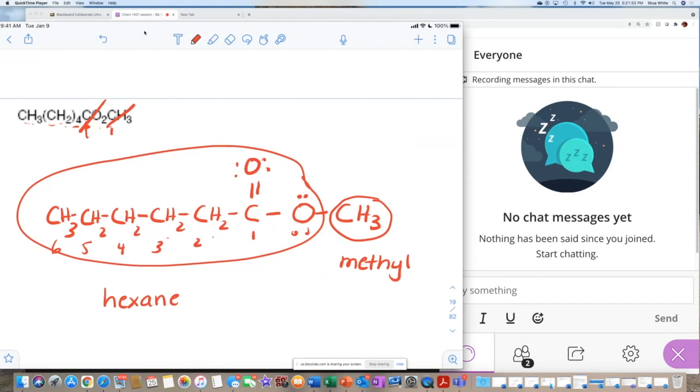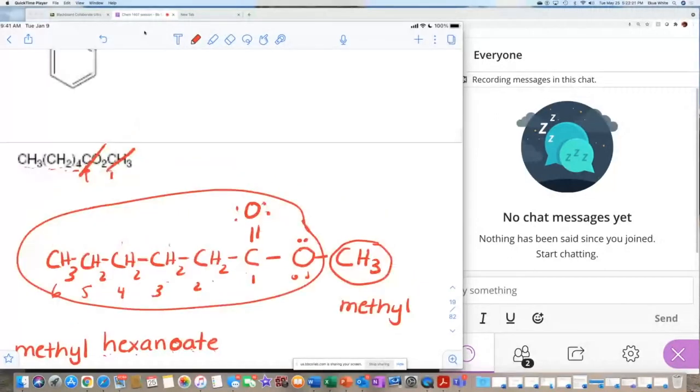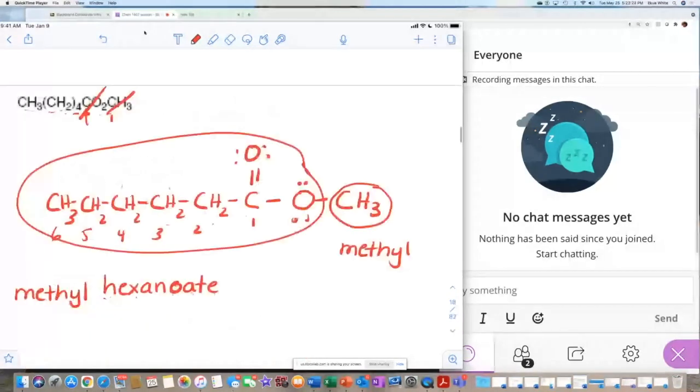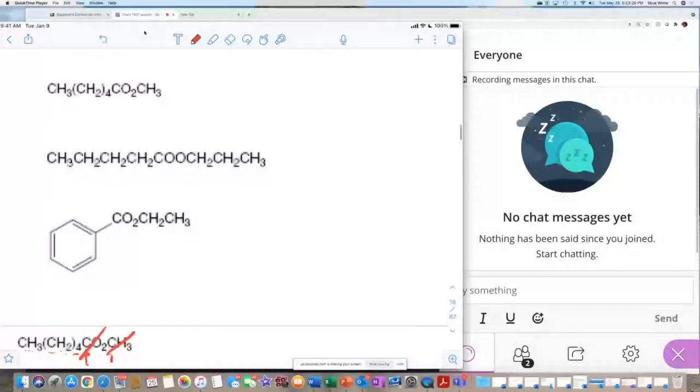If it was an alkane, it would be a hexane, but it's not an alkane, so I have to replace the E with the oate. So in front of this is hexa. I know. You can rewind that until you get it, right? Methyl hexanoate. I'm going to pick ones where y'all don't have side groups over here. This is still, I tell myself, a non-major. These are simple too. I'm like, it's a non-majors class, y'all. Let's keep it simple. Let's keep this friendly.